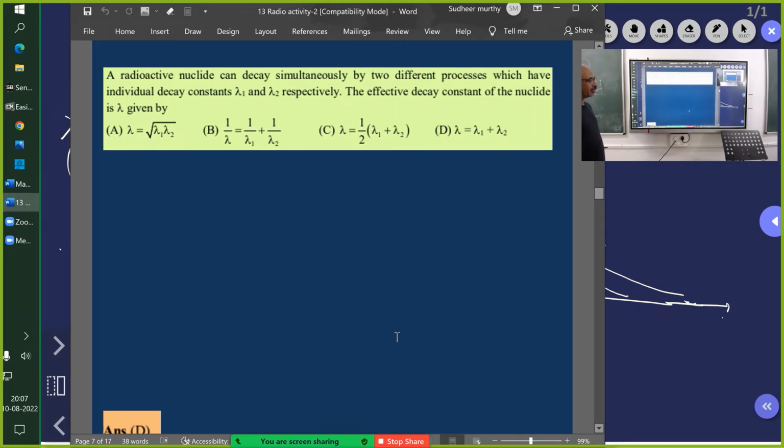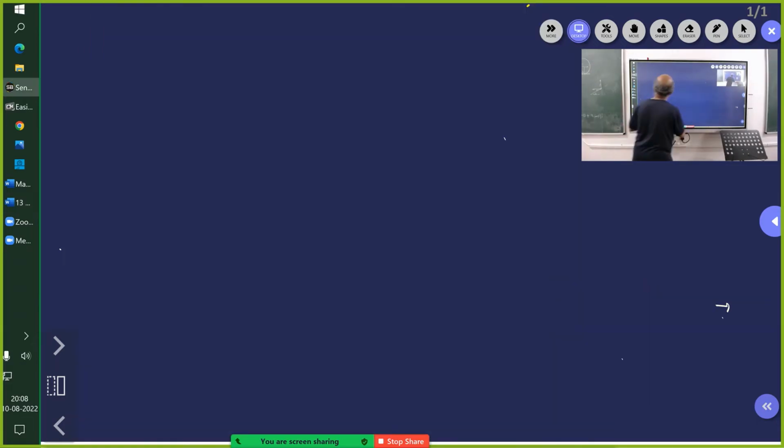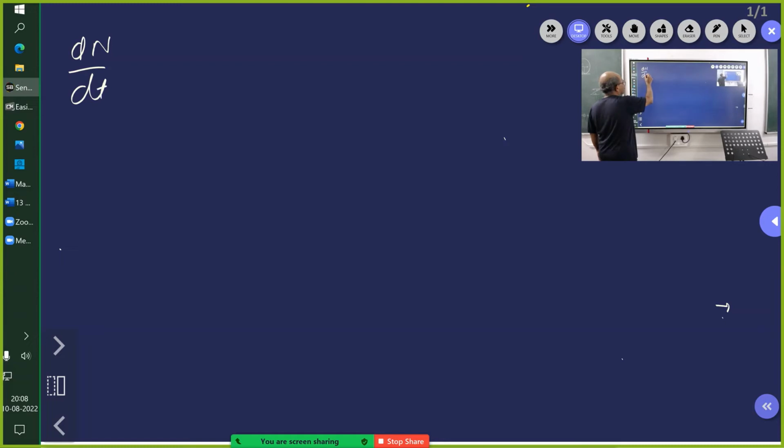So this will decay and give you N1, and that will decay and give you N2. See this equation, you please understand this very carefully. dN by dt, what is this? This is the rate at which the decay is taking place.